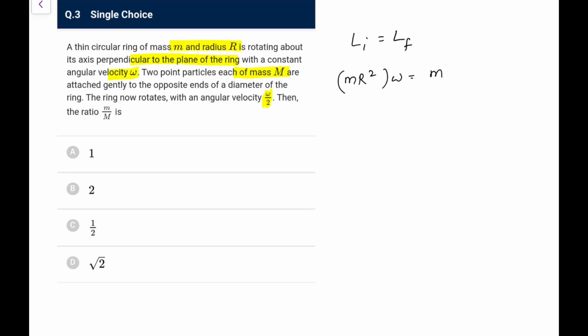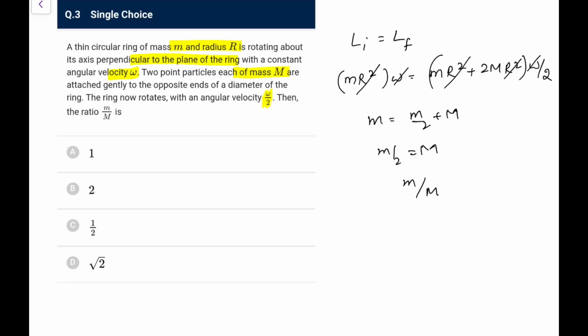Now it becomes m r square plus 2 M r square, since both are at the rim, and this has become omega by 2. So r square and omega cancel, and m is equal to m by 2 plus M. So m by 2 is M, and m by M comes out as 2:1. So we'll go for option B here.